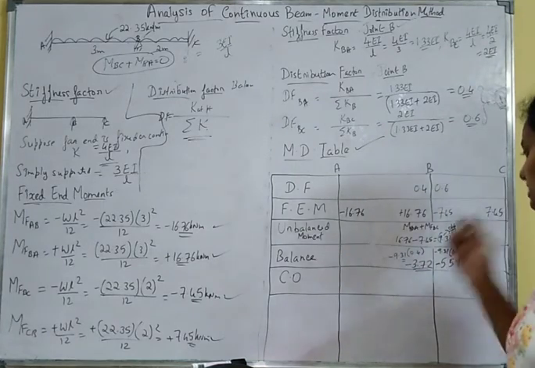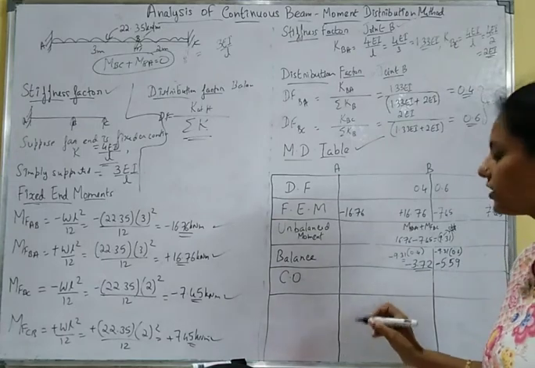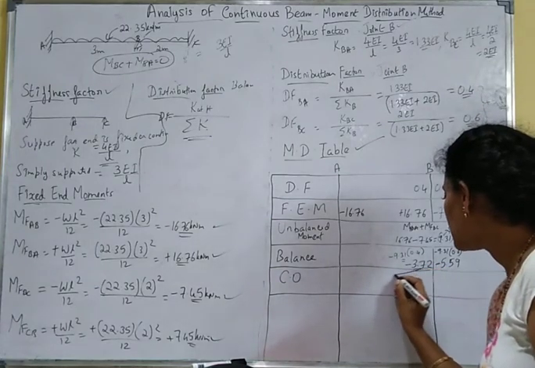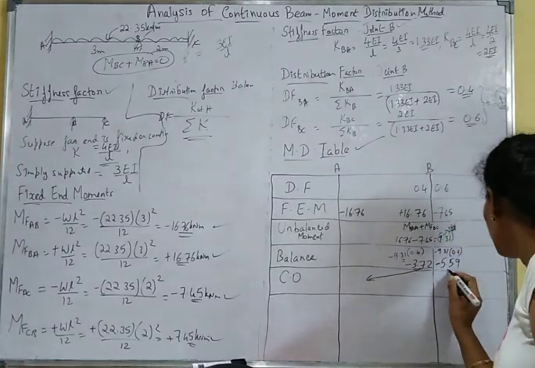Once you get this balanced moment, the next step is to find the carryover. Carryover is nothing but half of this, distributed to the far end.